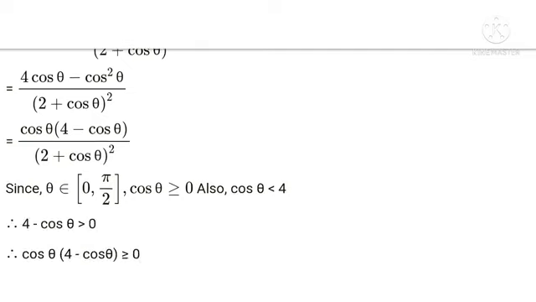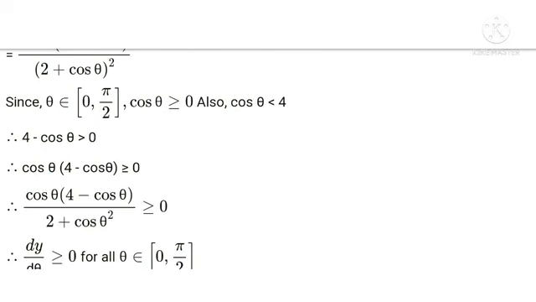Now students see, theta belongs to 0 to pi by 2. Therefore cos theta is greater than or equal to 0. Also cos theta is less than 4. Therefore 4 minus cos theta is greater than 0. Therefore the numerator cos theta into (4 minus cos theta) is also greater than or equal to 0.